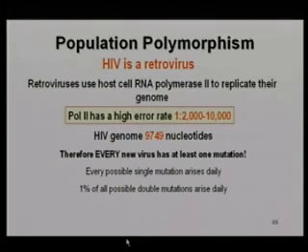Pol II has an error rate of about 1 in 10,000. 1 in 10,000 of the nucleotides it puts into the messenger RNA, or in this case into the genome of HIV, is the wrong nucleotide. The genome of HIV is about 10,000 nucleotides long. That means that every time you replicate the RNA, it's different. Every single virus will pick up a mutation.